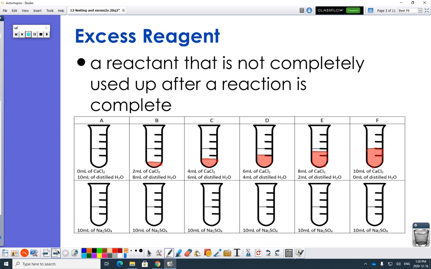If you have an increasing amount of calcium chloride up to 10 and 10, then F should be the tube that gives you the most product. It makes sense: the lower the amount you have, the lower the product you're going to get. The bottom one has 10 milliliters of sodium sulfate, it's the excess reagent. There's more than enough there. The calcium chloride is determining how much product can be produced.